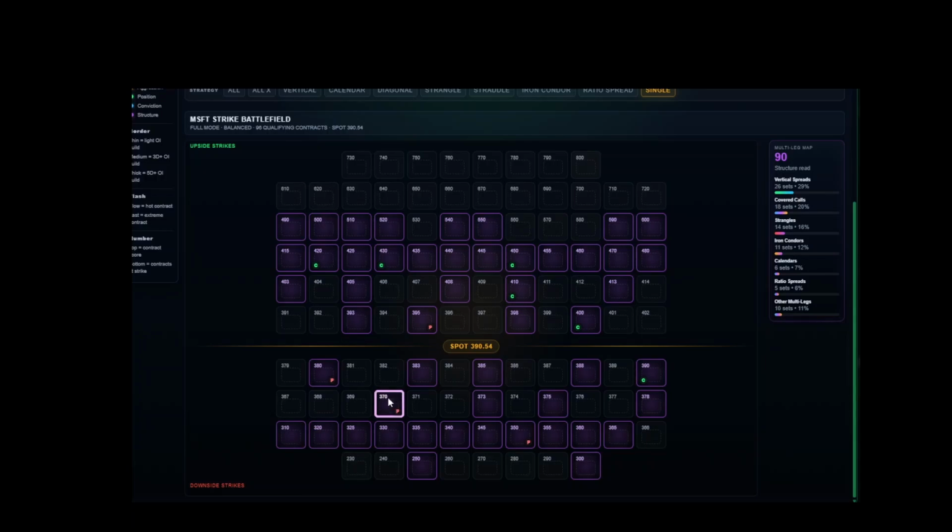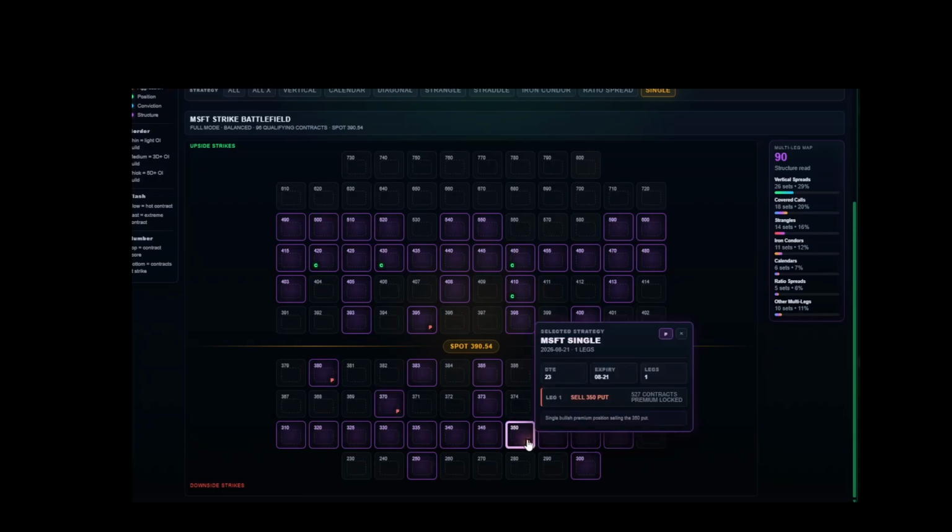That's when you can be conservative and sell a put, collecting premium, and even if it goes against you, you can just execute the contract and buy the stock. This one is the same story.